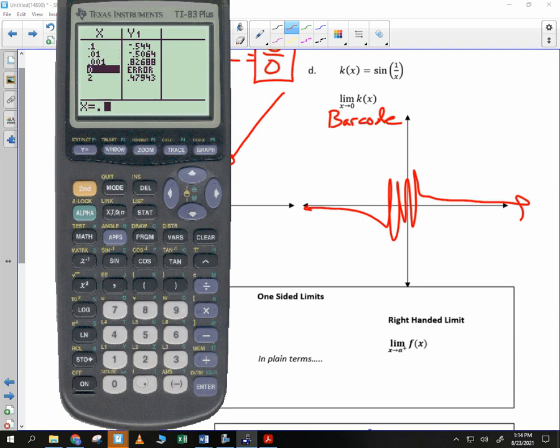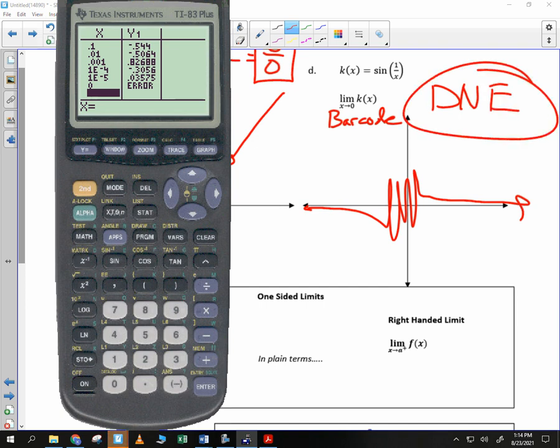If I do 0.0001, now it jumps to negative 0.3, 0.00001. If I do that, then now I'm back to 0.03. Does it ever seem like it really tends towards a certain number? In fact, if you plug in 0, you get that whole error piece. The limit does not exist. There are times that we have limits that exist. There are times that we do not.